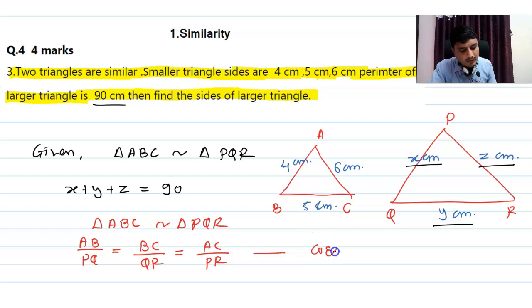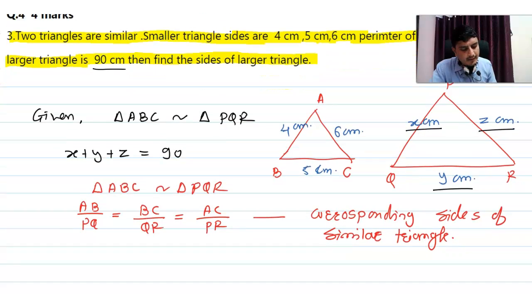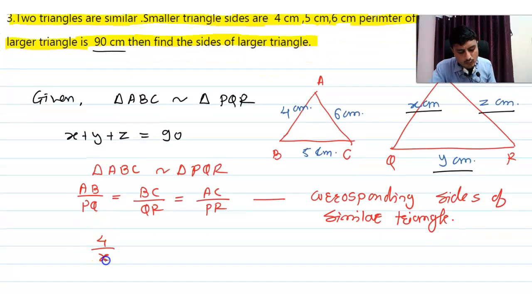The reason is corresponding sides of similar triangles. Now let's replace them by their values: AB is 4, PQ is X, BC is 5, QR is Y, AC is 6 and PR is Z.